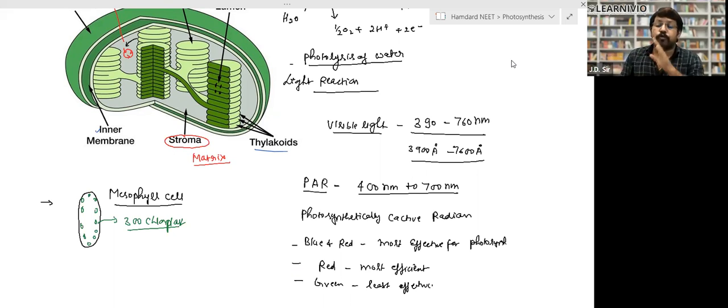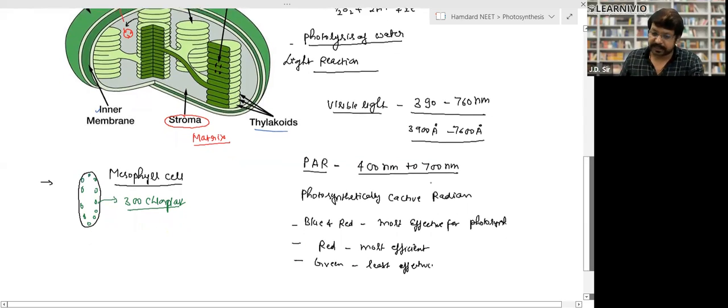The light wavelength from 400 nanometer to 700 nanometer is responsible for the photosynthesis reaction. This part of light is called photosynthetically active radiation. Okay, is it clear?